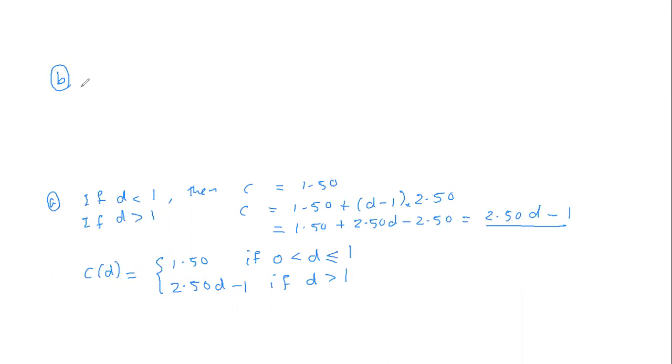If it is in part B, 5 miles long. If it is 5 miles, the first 1 mile is 150 anyway.